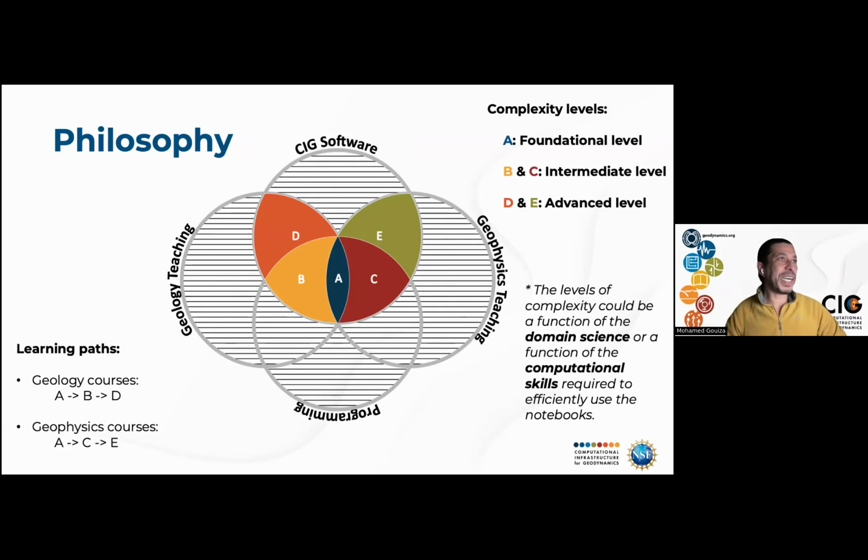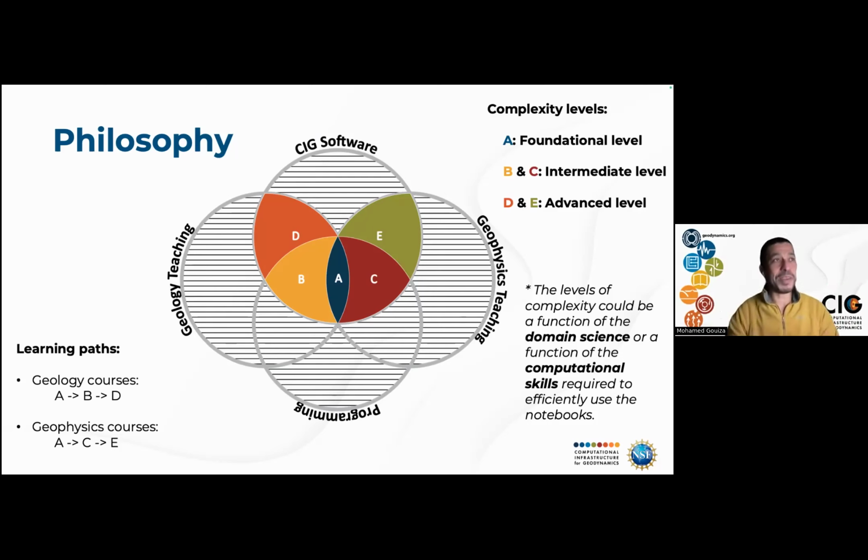And what we identified is that we can see different learning paths. We have the geology learning path and the geophysics learning path, and each comes with its own learning outcomes and objectives. We also decided that those educational resources should have different levels of complexity.